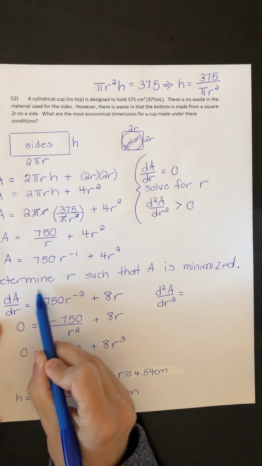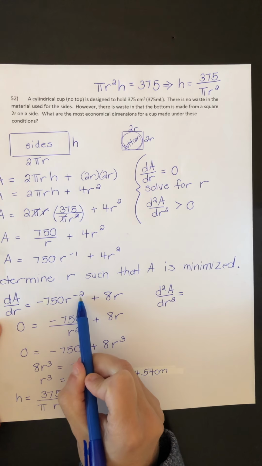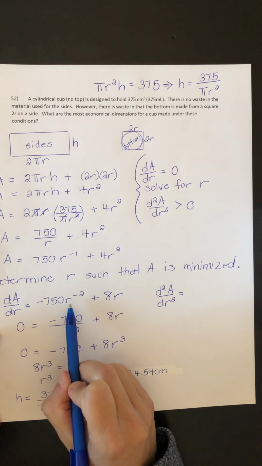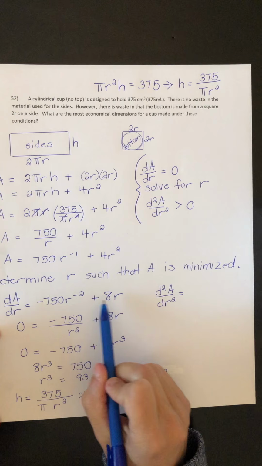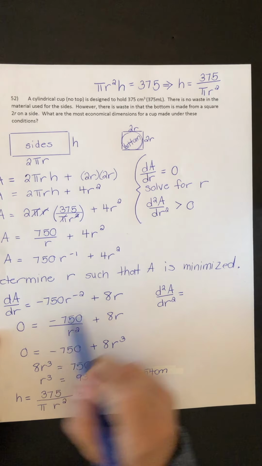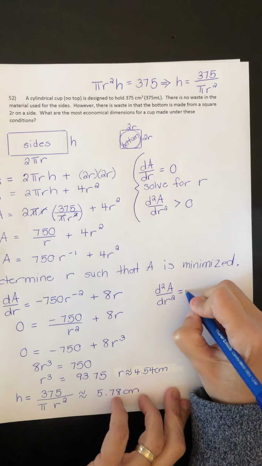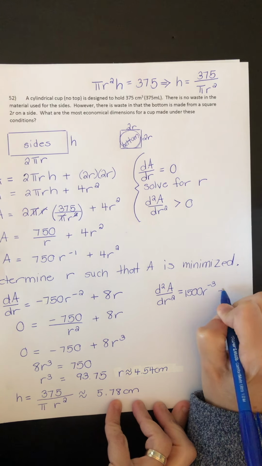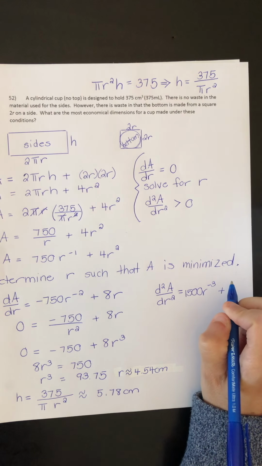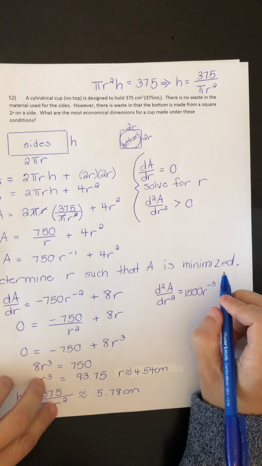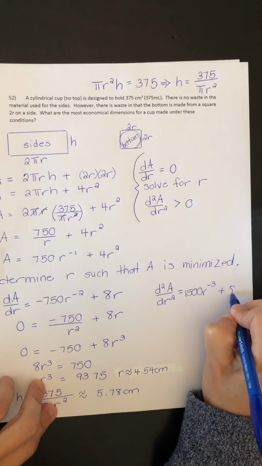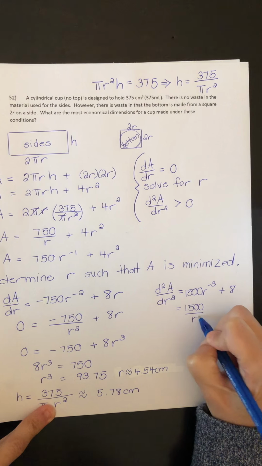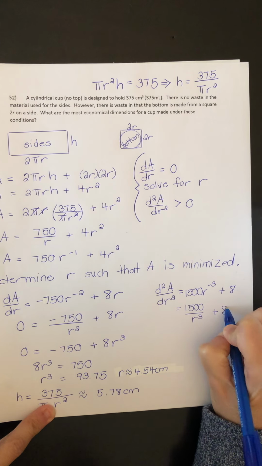So we just take the derivative of the first derivative, and then that will be negative 750 times negative 2r to the negative 3 plus 8. So this is positive 1500 r to the negative 3 plus 8, which is the same as 1500 over r cubed plus 8.